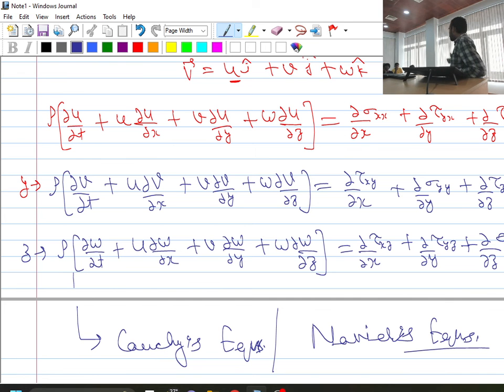Until I substitute the formulation of stress, which is fluid specific, this equation is generic and applicable for every type of fluid medium. Whether the flow is steady or unsteady, whatever situation you have, you can apply this set of equations.